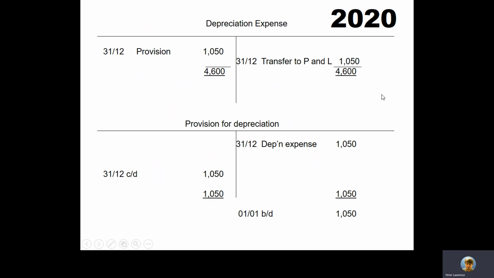So just to repeat that, in 2020, we debited the depreciation, we credited the provision, and we transferred to the profit and loss the expense, and then we carried down and brought down the provision. That one goes on the balance sheet.